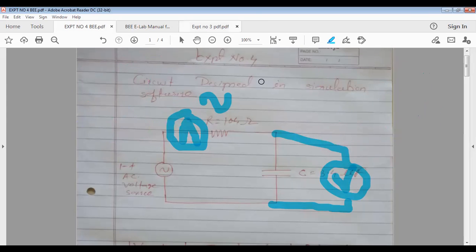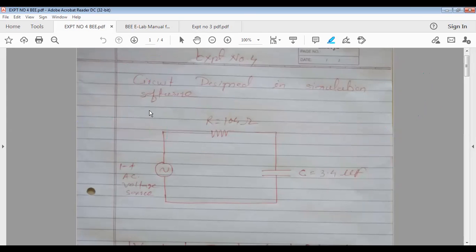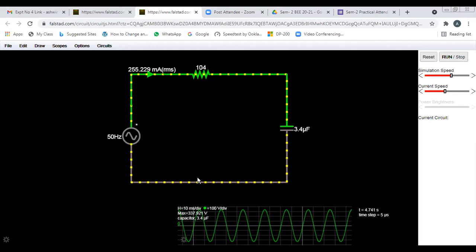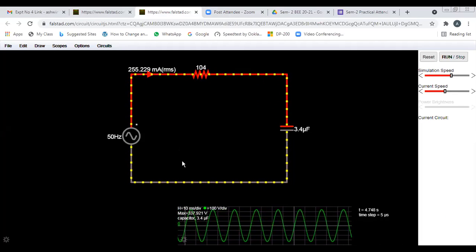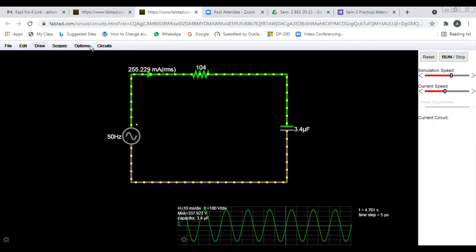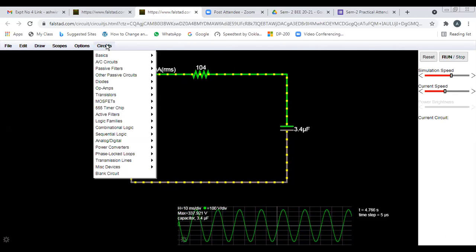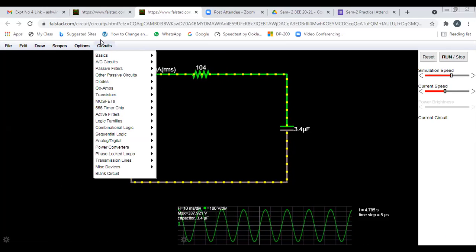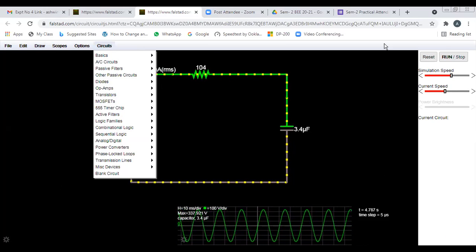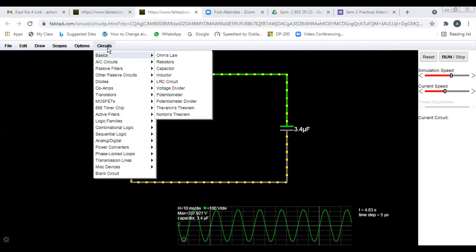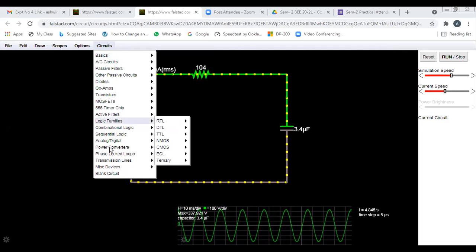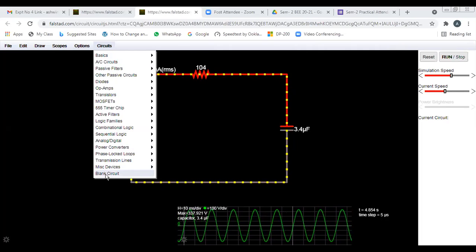Now we'll design this circuit. I'm using the same software, that is falstart.com/circuit. How to design, all of you know. Once you click the link and open falstart.com/circuit, in circuits, use the option blank circuit.